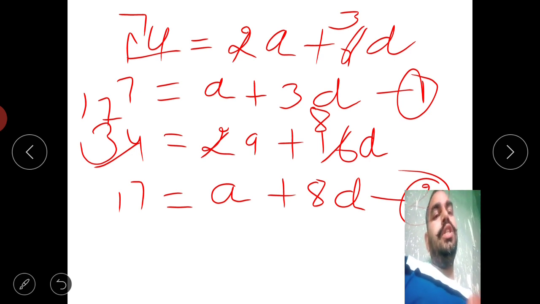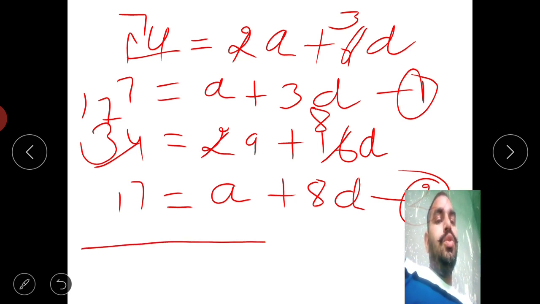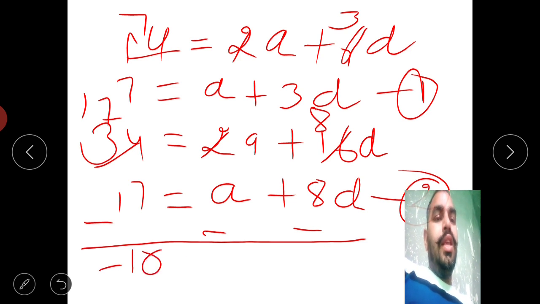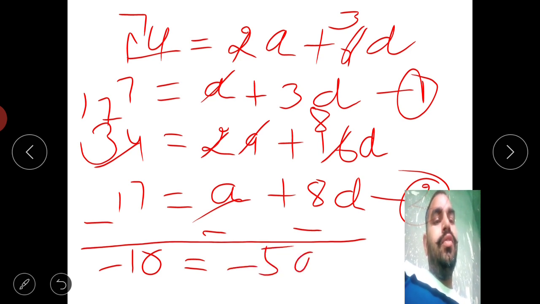There are two equations: a plus 3d is equal to 7, and a plus 8d is equal to 17. Subtract these two equations. So 7 minus 17 is minus 10, is equal to: a cancels out with a, and 3d minus 8d is equal to minus 5d.